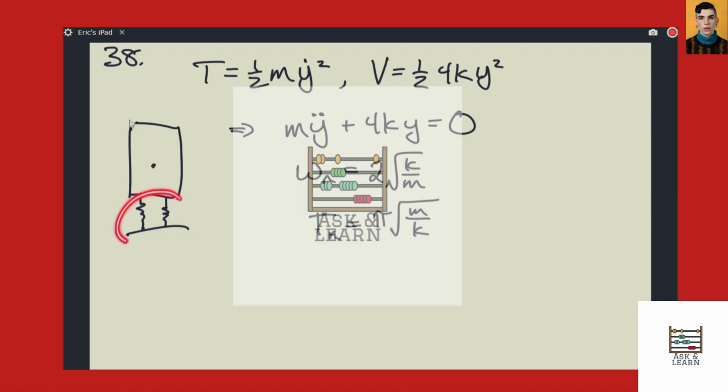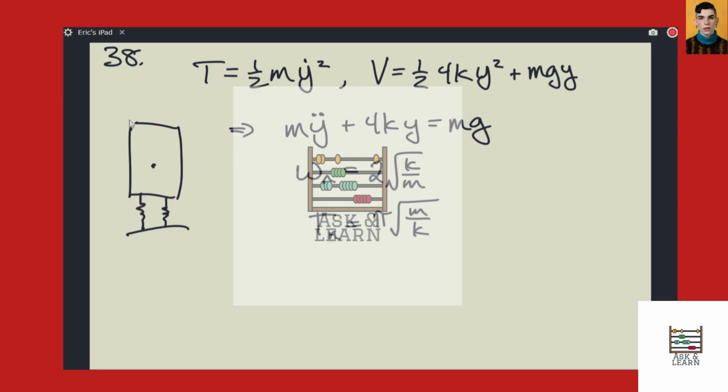The potential energy is just in the springs, although I guess we could add plus mgy, and then that would give us mg here, but that's not going to affect the natural frequency. It's just going to offset where we measure from. So if we measure this y from the static equilibrium, then this would go away.